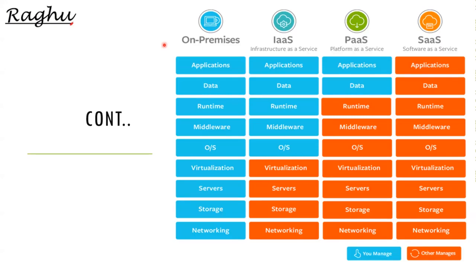Then I have to take care of networking and all these things with admin setups. So we as an organization should take care of networking, storage, servers, virtualization, operating system, middleware, runtime, data, and application.